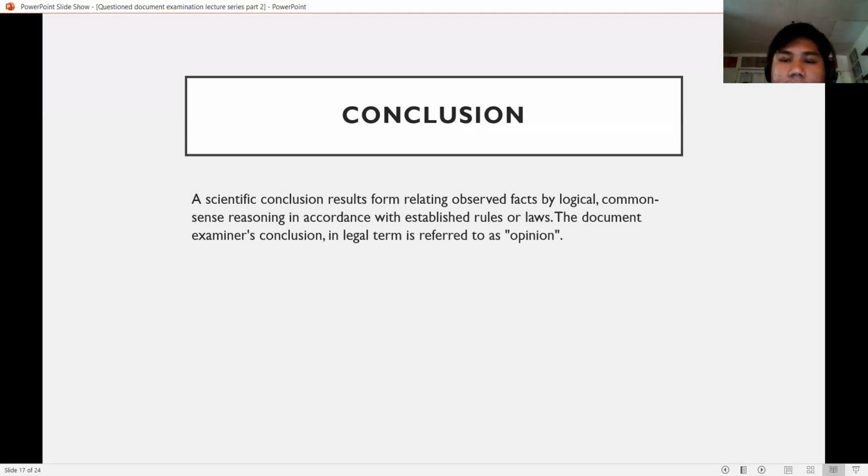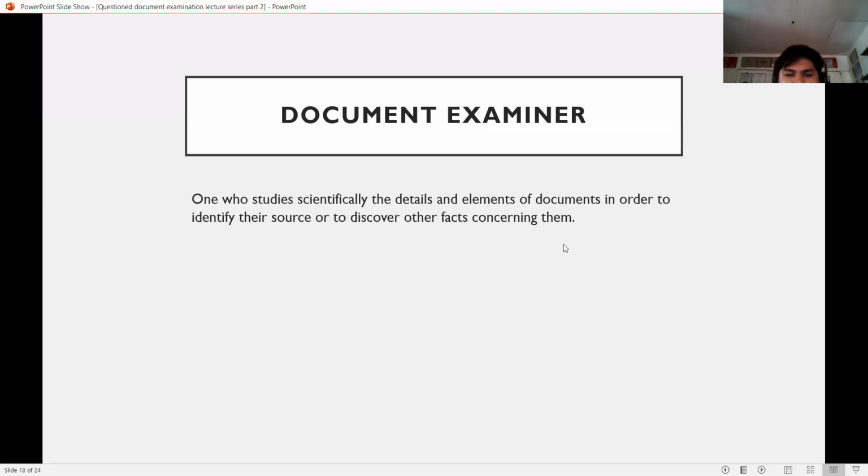Again, in legal term, conclusion is referred to as an opinion. A document examiner is the one who studies scientifically the details and elements of documents in order to identify their source or to discover other facts concerning them. So document examiner, otherwise known as handwriting identification expert.